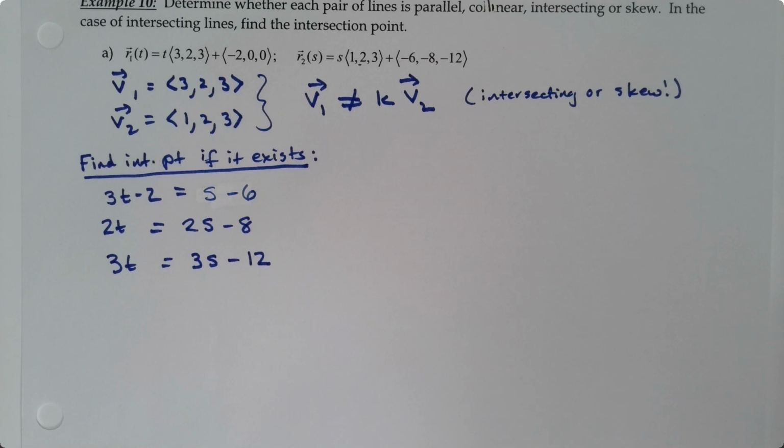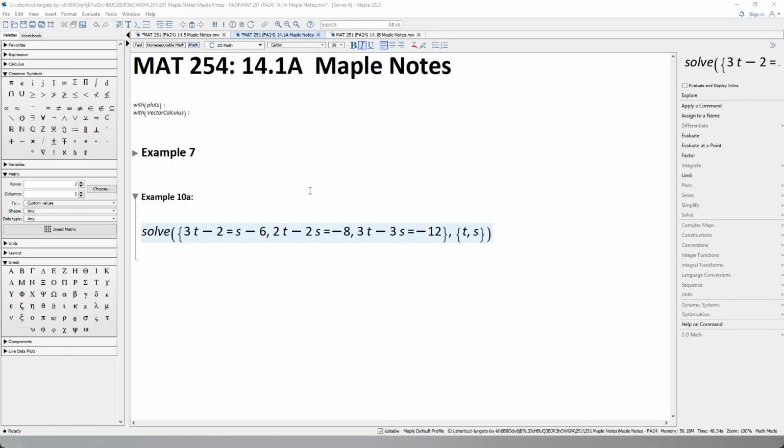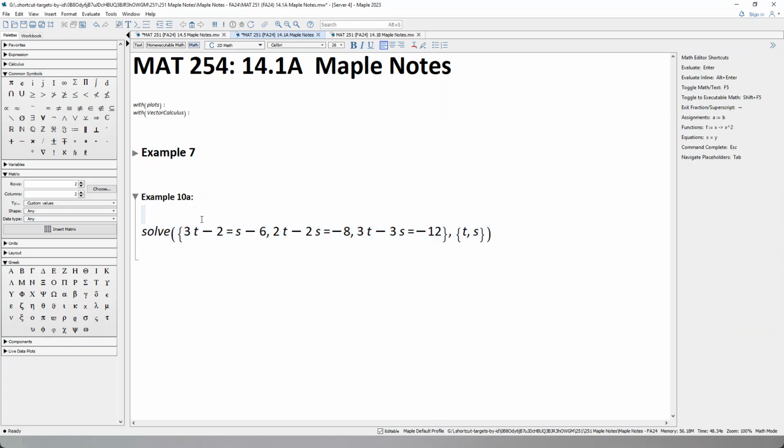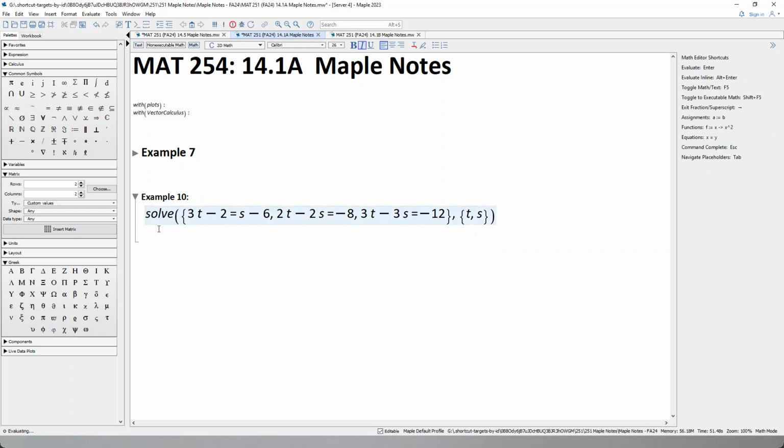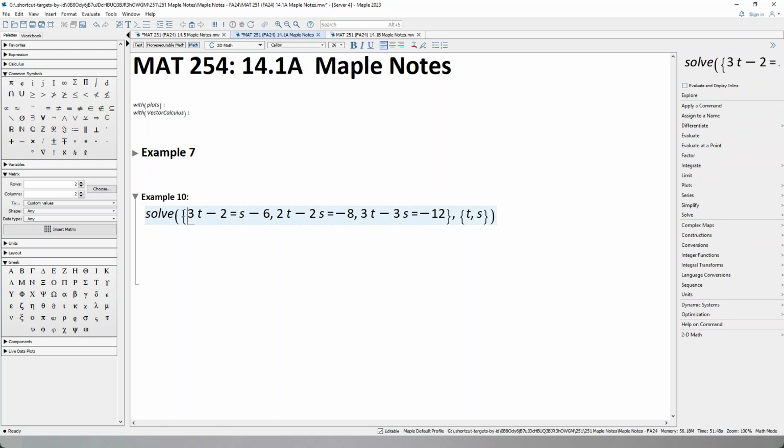And we are not going to do this by hand. We are going to use Maple to do this. Okay, so in Maple, there's this lovely command called solve, and it's wonderful. So I'm just going to do these so you can see them. What you do is you plug in solve parentheses, and then in curly braces, you put in your system of equations.